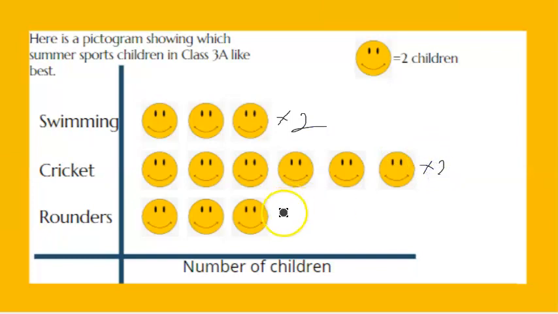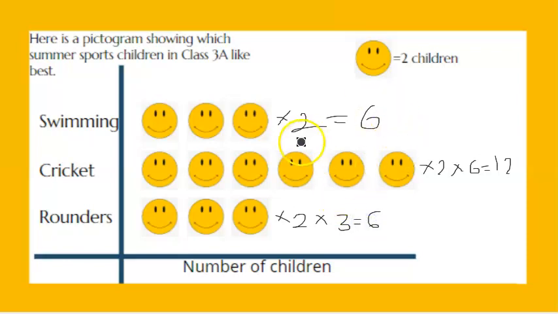So 3 times 2 is 6 children here. 6 times 2 gives us 12. And 3 times 2 here also gives me 6.